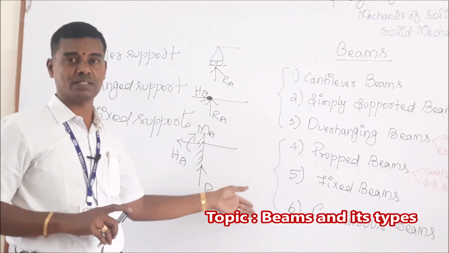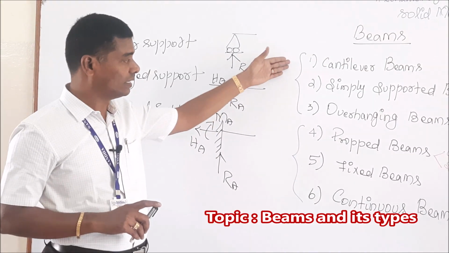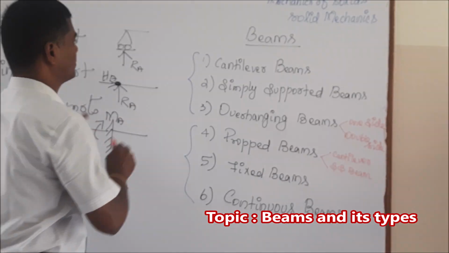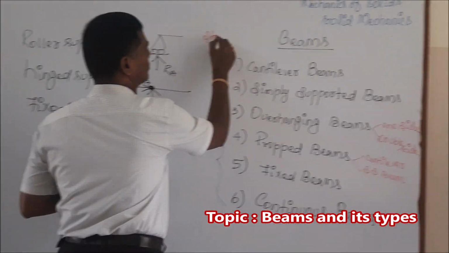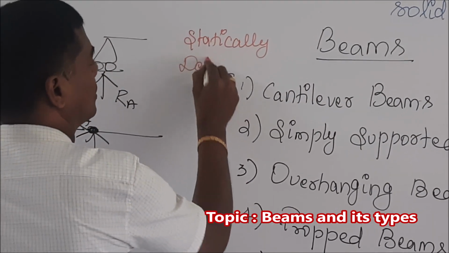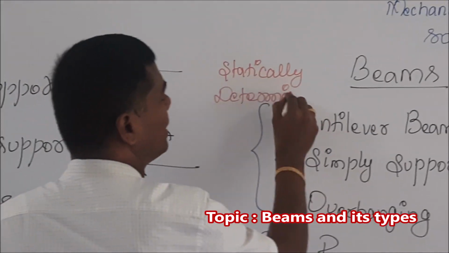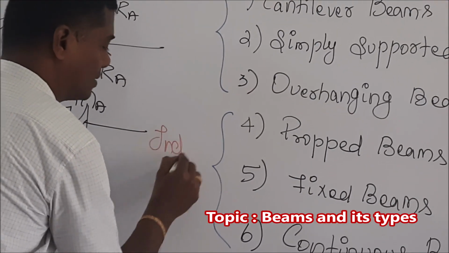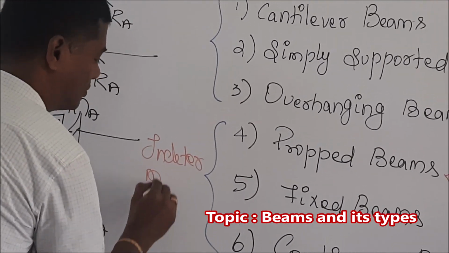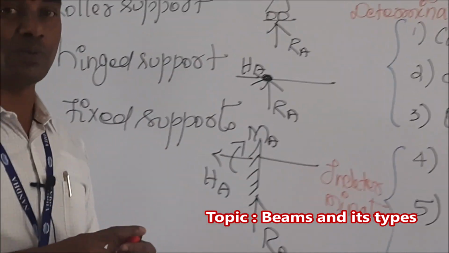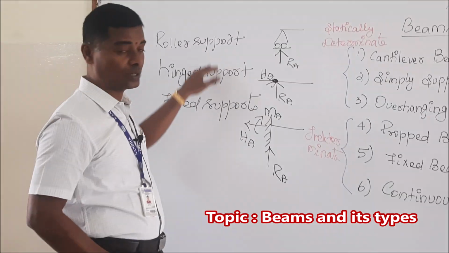According to these 6 types of beams, the first 3 types are classified as statically determinate beams, and the remaining 3 types are classified as statically indeterminate beams. How statically determinate and indeterminate beams are classified is based upon these support reactions.